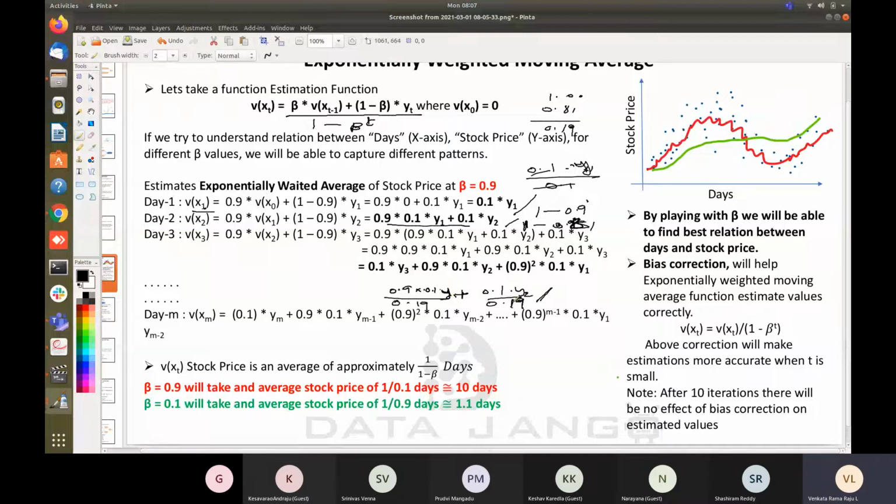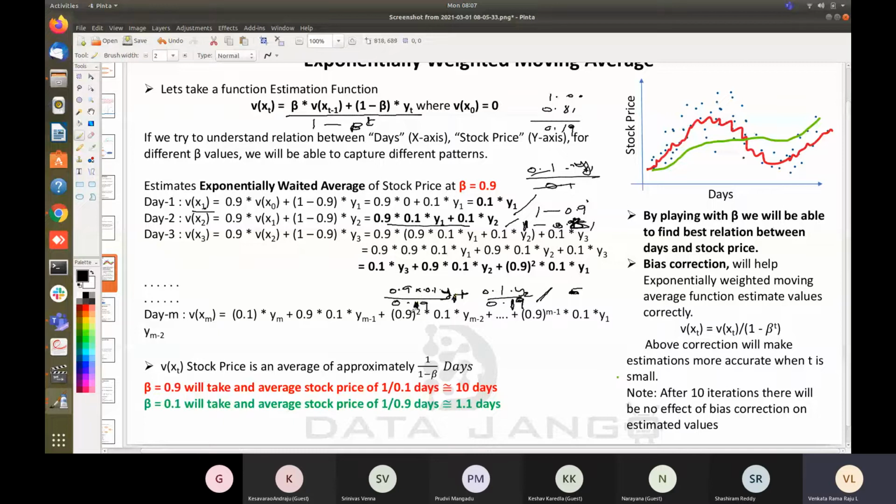So 1900 divided by 19, right? This divided by 100, 100 is how much? 19, right?